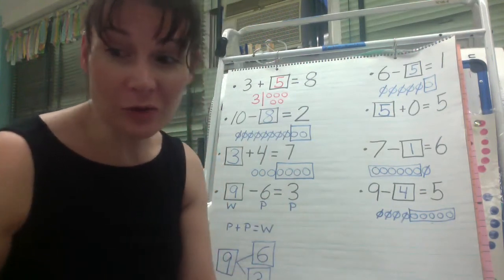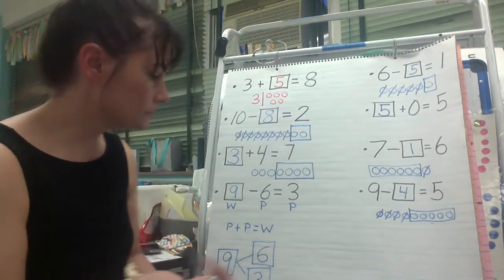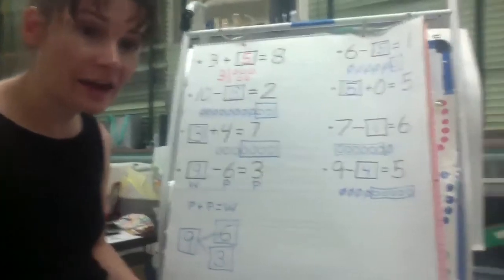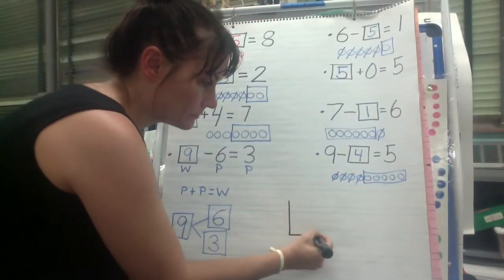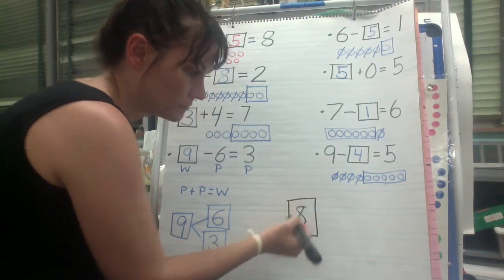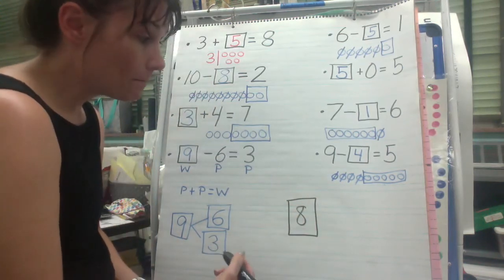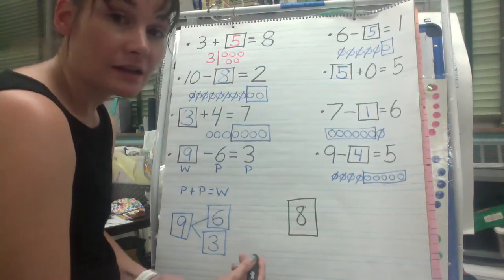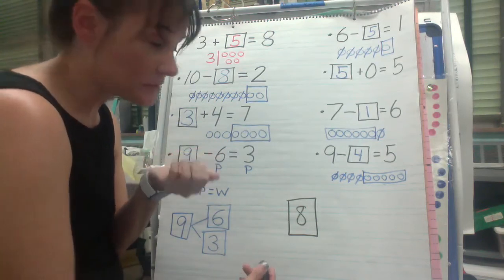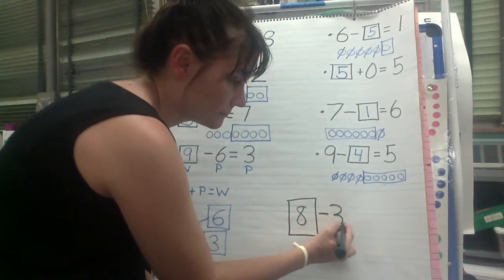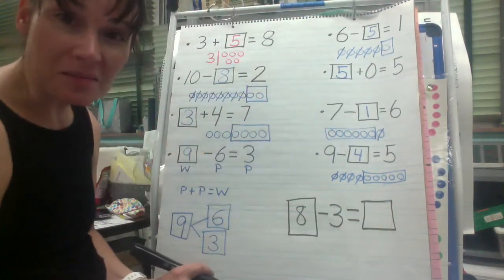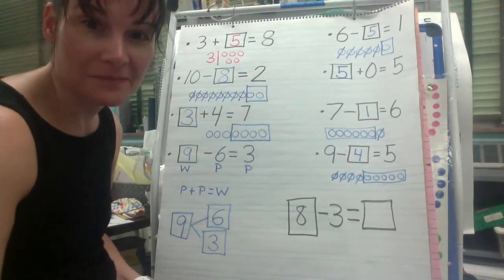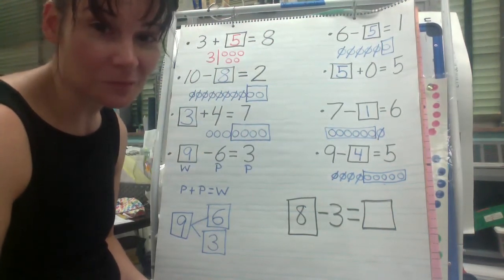Let's think about what equation that might be. If I had 8 in my cup, I took 8. But I took 3 out. How many are still in my cup? Take a minute. When you're ready, hit play.